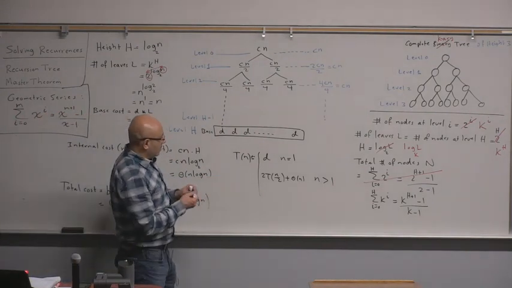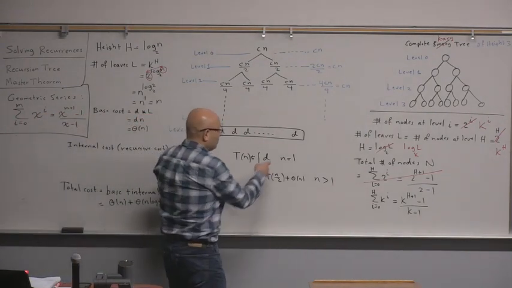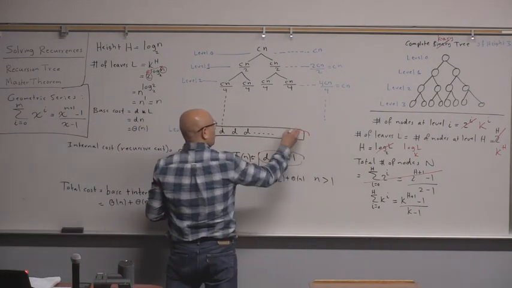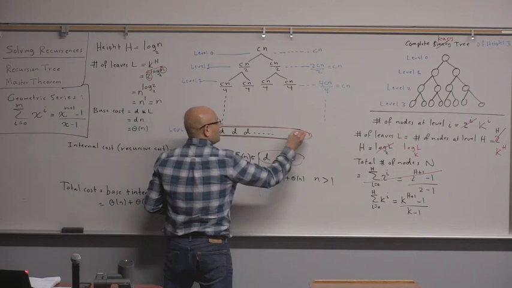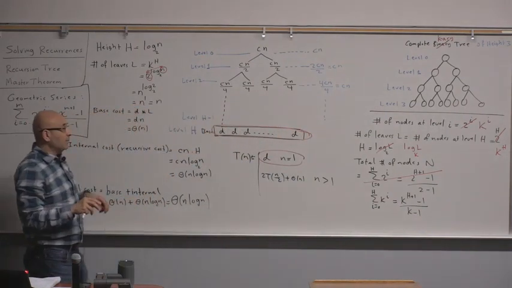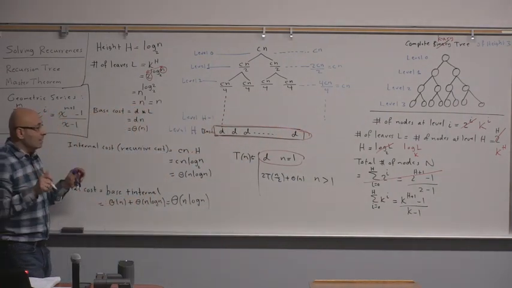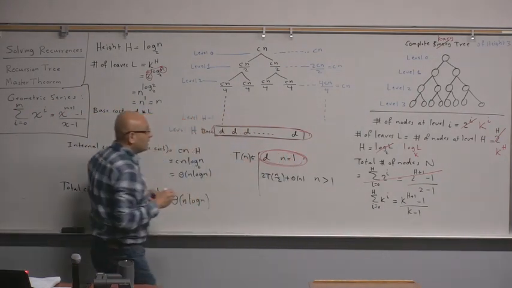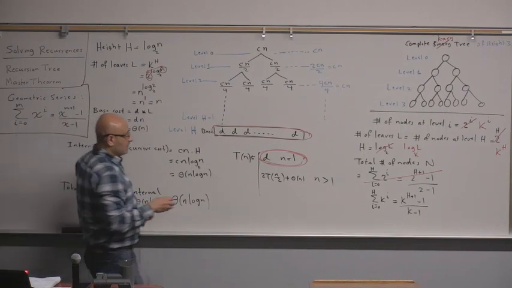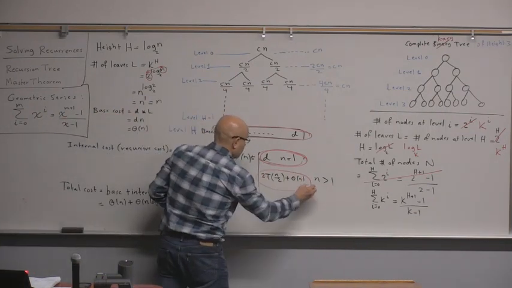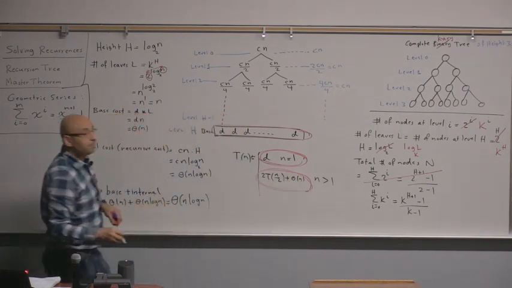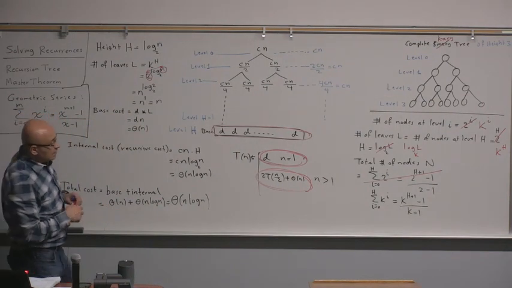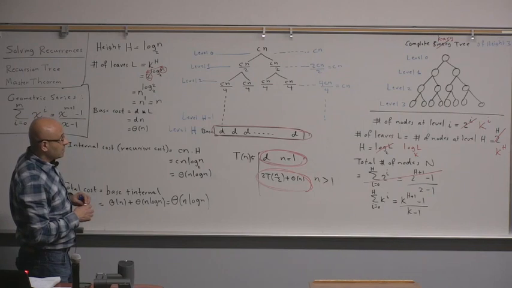So this base case corresponds to one level, so this is treated differently. We calculate the base cost separately because it's subject to a different formula, and everything else is calculated according to this part of the definition of this function.